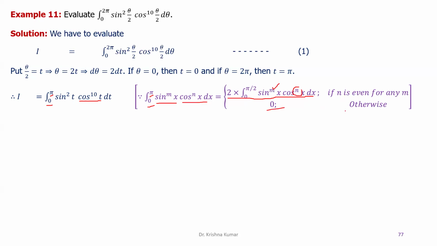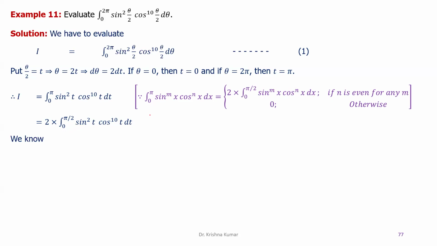Otherwise, its value will be 0. So here, since n is equal to 10, which is an even number, this can be written as 2 times the integration of sine to the power 2t into cos to the power 10t under the limit 0 to pi by 2 with respect to t.